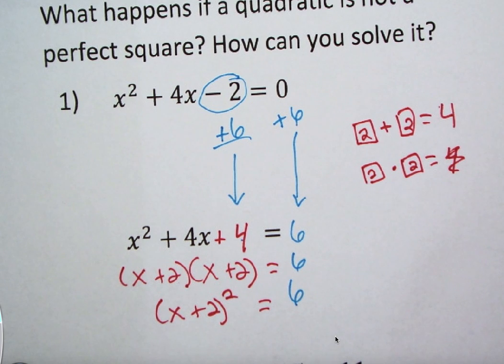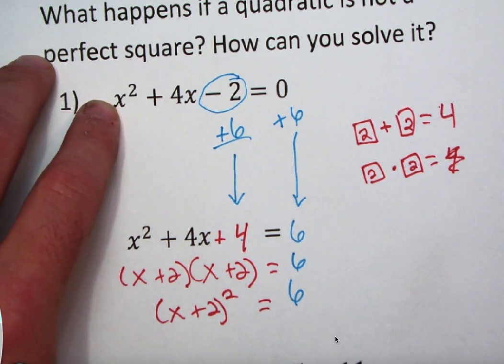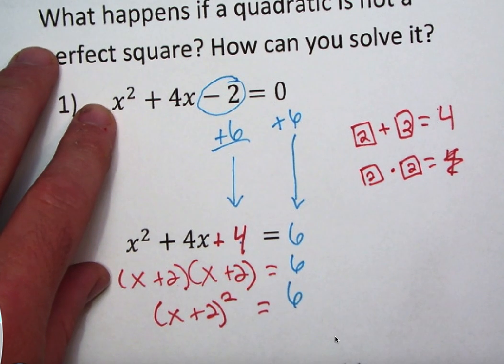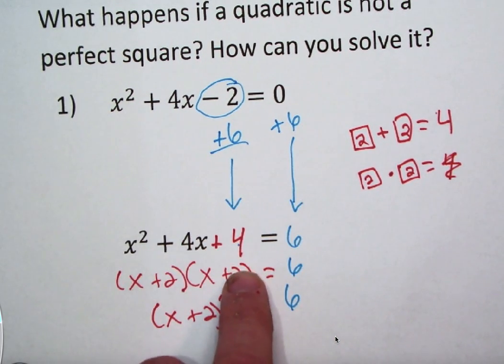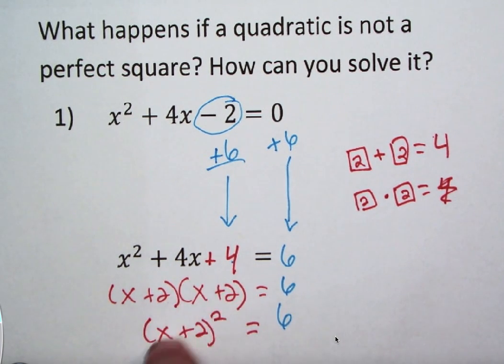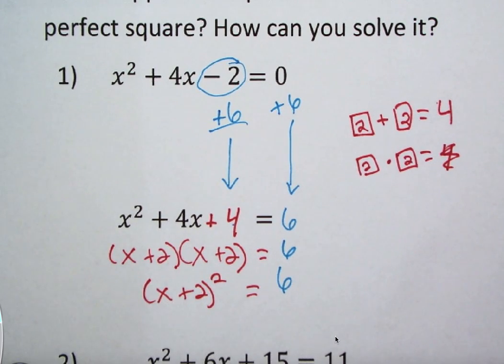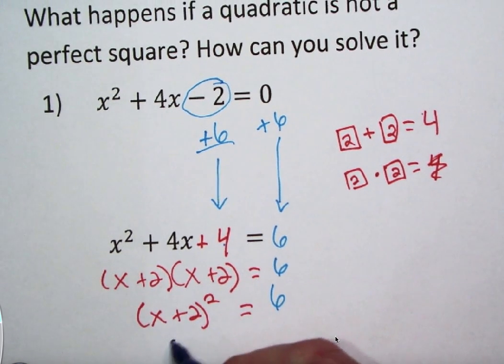And now, where we couldn't factor it, and it wasn't a perfect square, so we couldn't take the square root of it, now, because we added 6 to both sides to make this a perfect square, or completing the square, we can now solve it for x. So we have x plus 2 all squared equals 6.